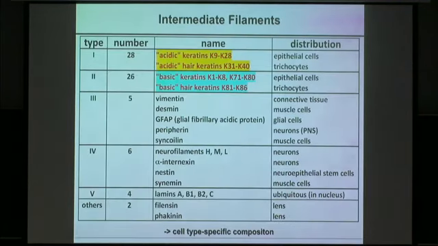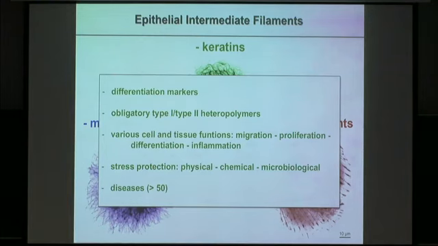Now, the most complex groups of intermediate filaments are those that are found in epithelial cells, and those cells that form the hair. And they are grouped in type 1, 28 members, and type 2, 26 members. So since epithelial tumors, that's cancers, are derived from epithelia, they have found a proper place in cancer diagnosis as very reliable differentiation markers.